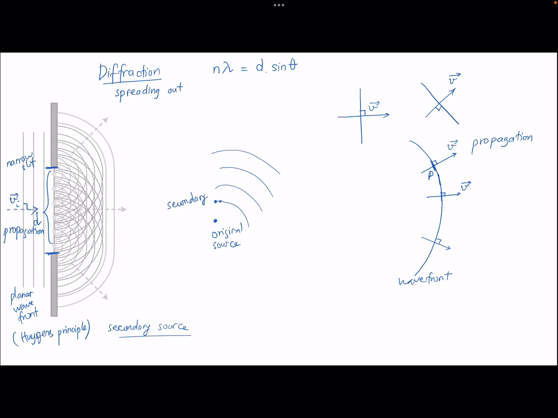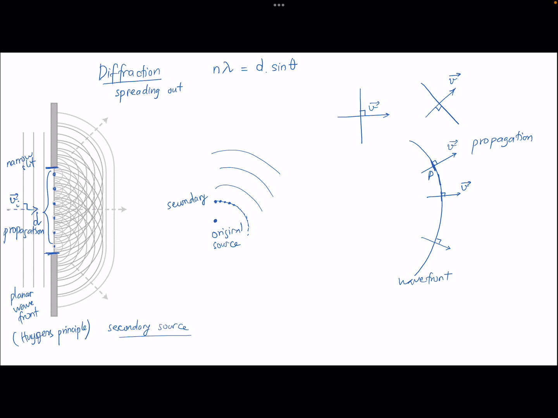Then you can have thousands, millions, infinite points here to be the secondary source. So here, just to simplify, we don't draw everything, but they just show you 1, 2, 3, 4, 5, 6, just 6 of them.